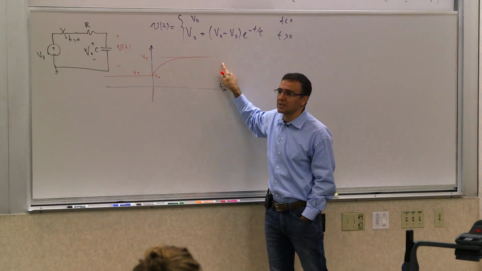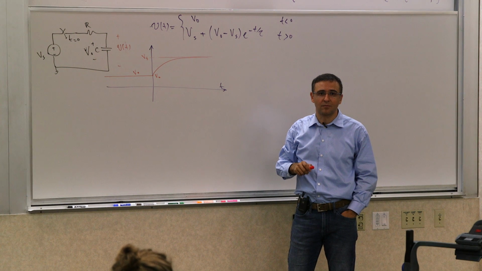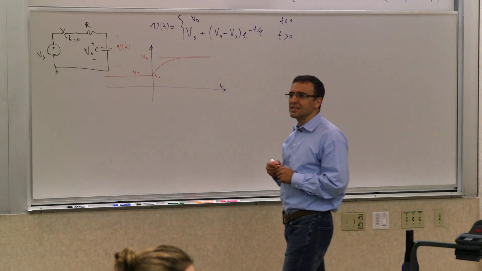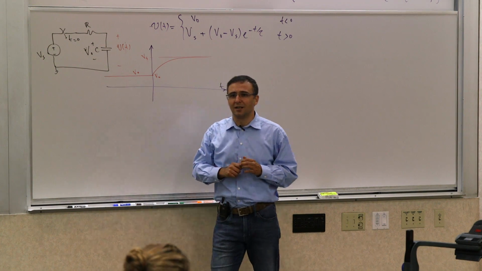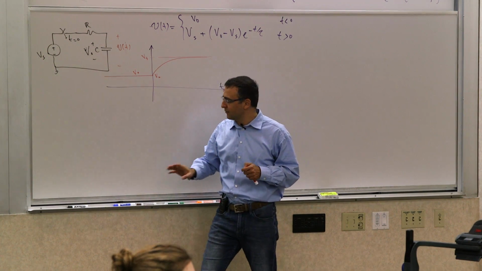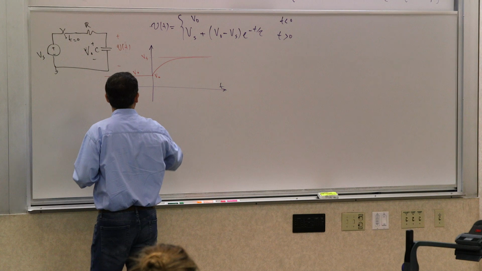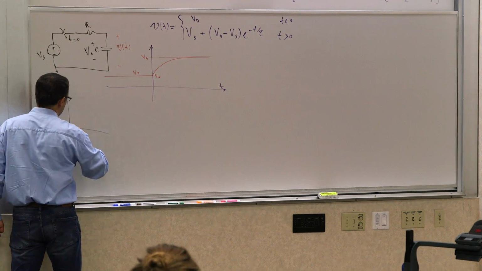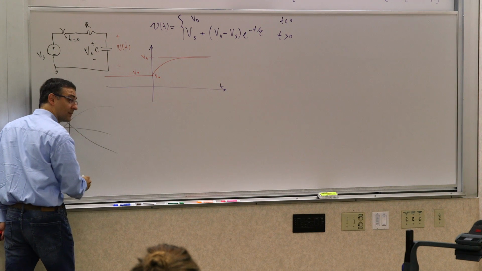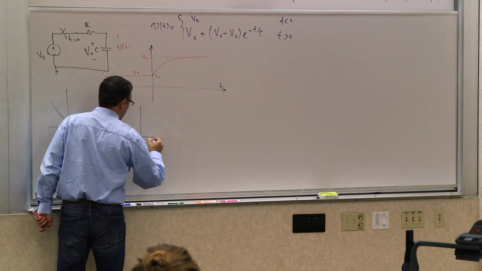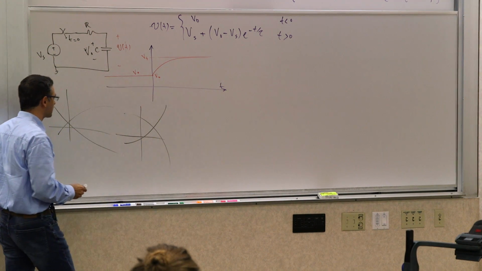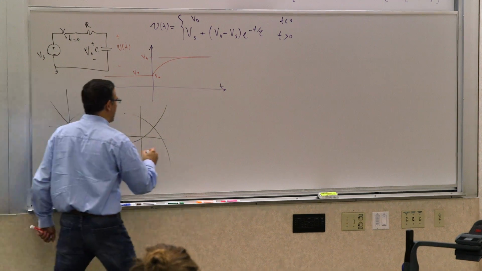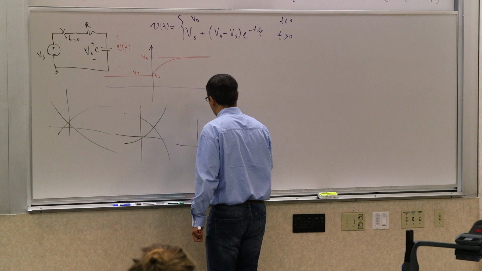So you have this kind of exponential, by the way. From time to time, I see something on people's problem sets or exams. Be careful. Exponentials with a negative argument behave this way or this way. They don't behave this way or that way. So I see people showing sometimes responses that look like this.